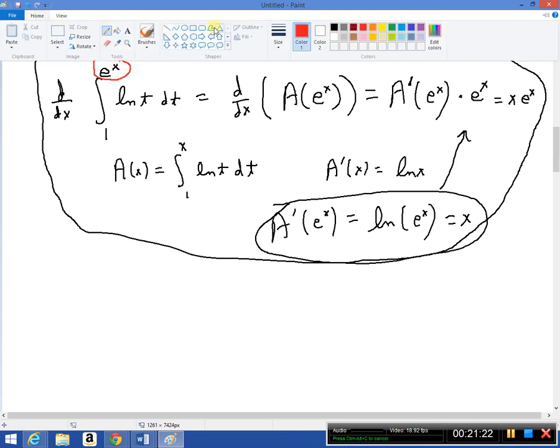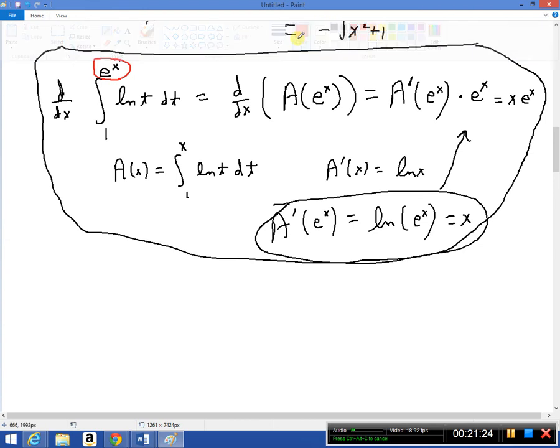And that's just like saying we're dealing not with the area function at x, but with the area function where you replace x by e to the x. Look and see that these two things are exactly the same, except the upper limit of integration is not x.